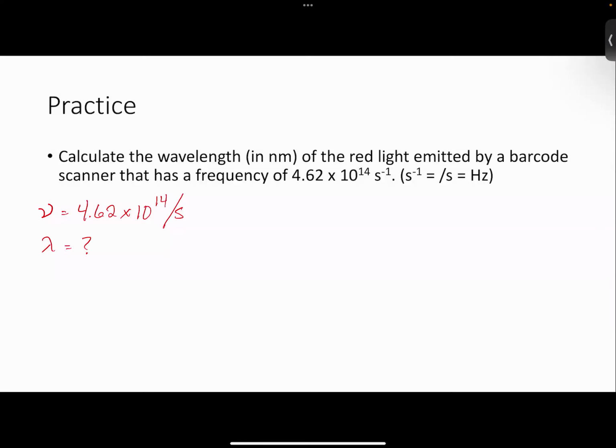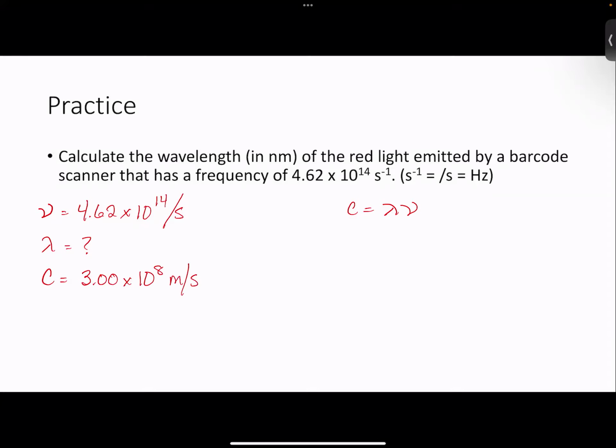These two values are related to one another through the speed of light equation, where the speed of light is equal to the frequency times the wavelength. The speed of light is a constant. It is 3.00 times 10 to the 8 meters per second.